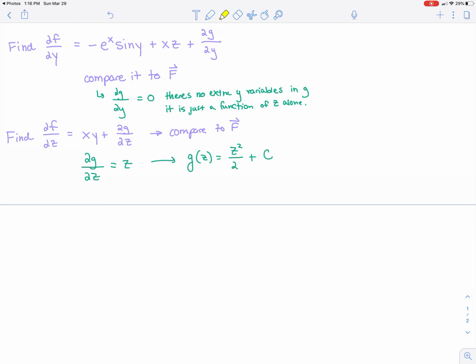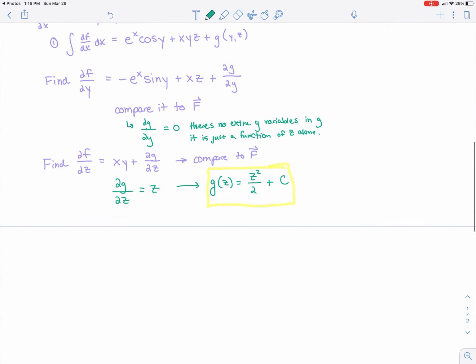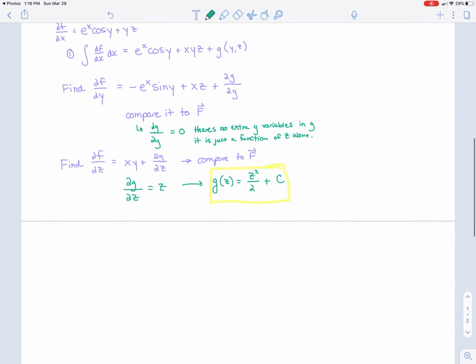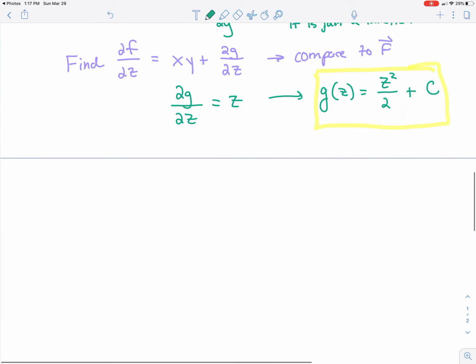And so now if we want to reconstruct the whole potential function, this is what gets added on to that g component. These two steps just found out what that extra constant of integration was that we couldn't construct from the beginning.